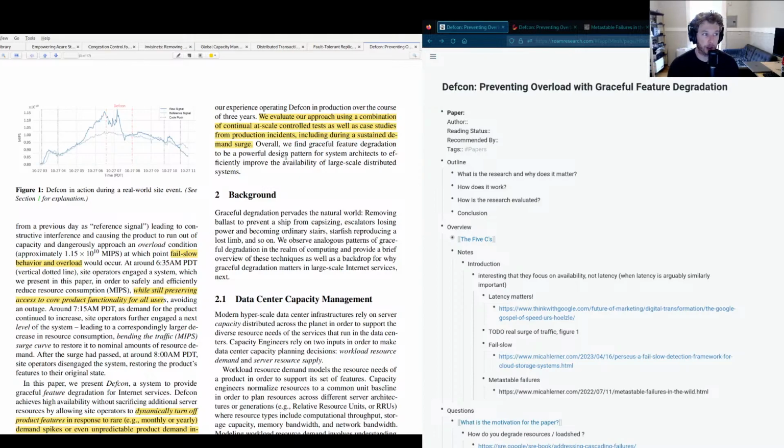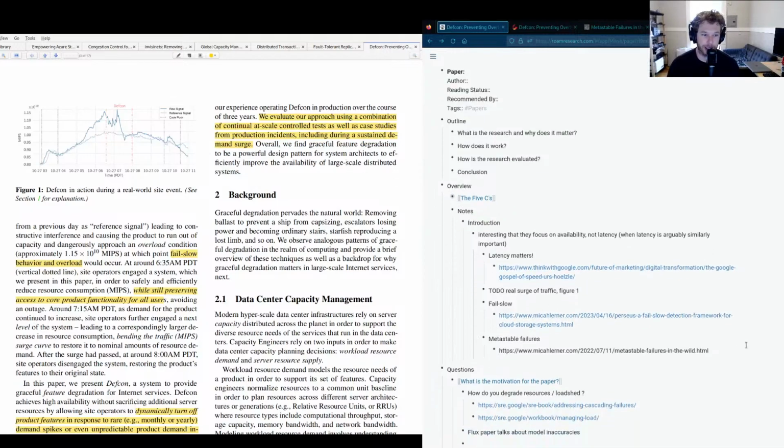Okay, so graceful feature degradation. Very cool idea, and they're doing it at scale, and they have a bunch of production data. That's my takeaway.